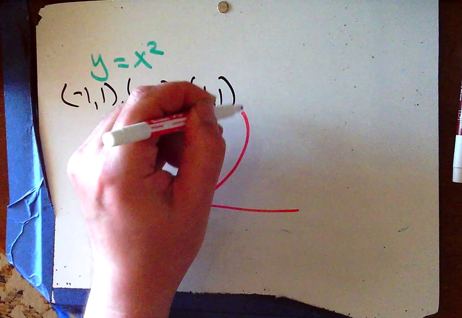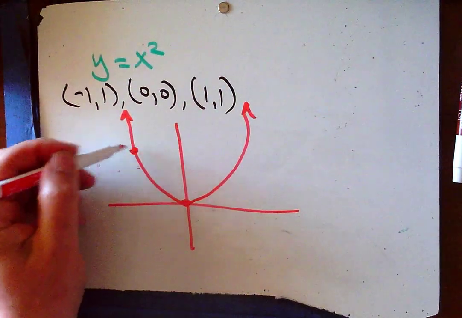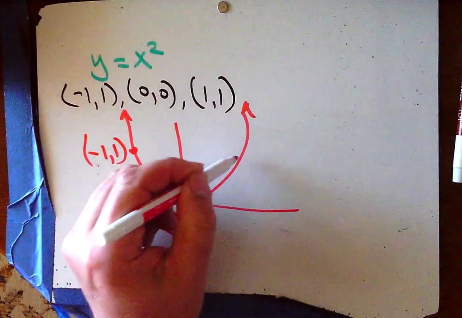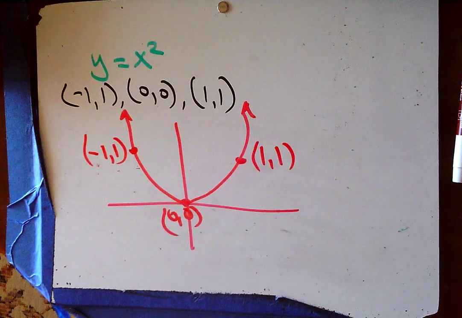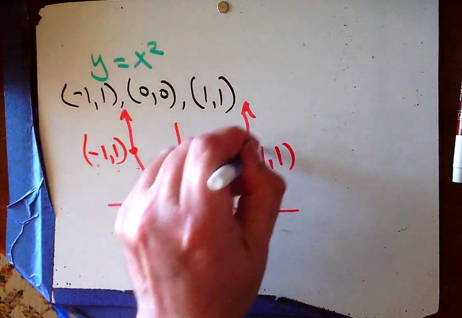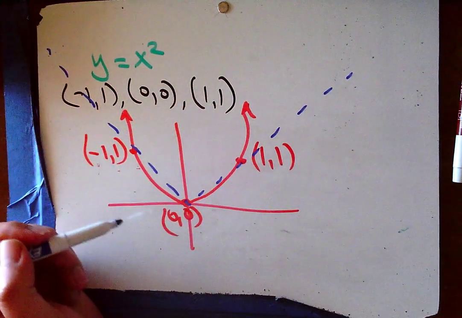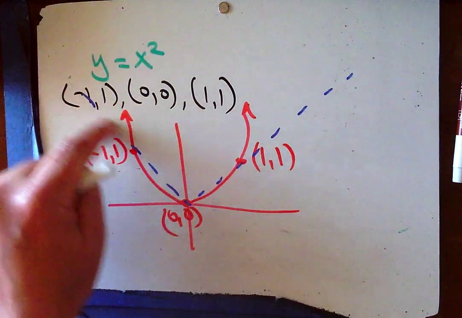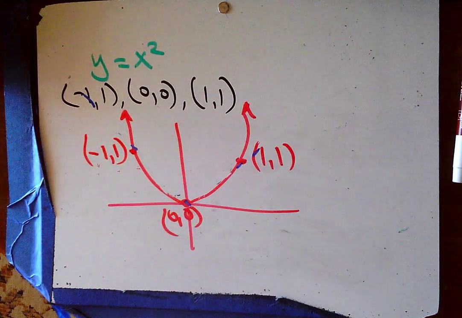And this is the shape of y equals x squared, our parabola. It passes through negative 1, 1, 0, 0, and 1, 1. Okay, as opposed to absolute value of x, which passed through those same points, but had a very different shape, right? So you need to make sure you know the shape that goes along with your points.